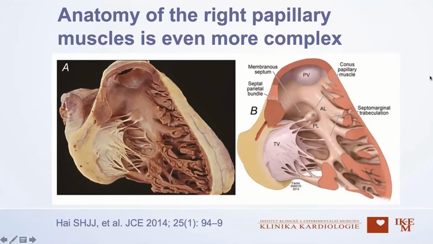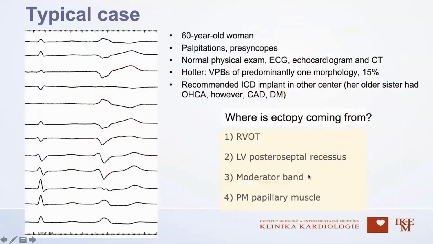Right papillary muscles are even more complex than on the left side. You see that the right ventricular area is really very complicated, and there is a moderator band and there is attachment of septal and anterior papillary muscle. And this is a typical case.